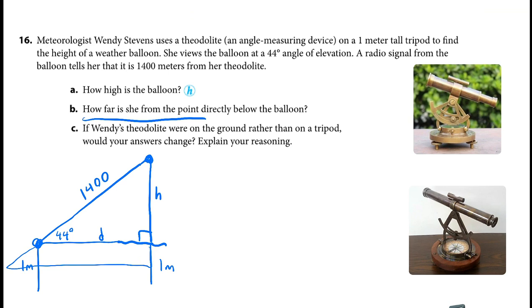Let's check it out. Let's see what we get here. Okay, so for A, this is the opposite over the hypotenuse. That's sine, so SOH. So sine of 44 degrees equals h over 1400. And so we multiply by 1400 on both sides.